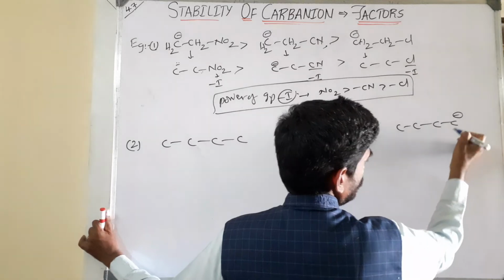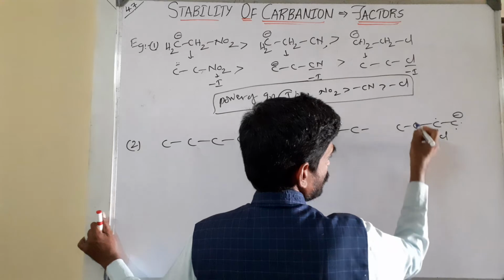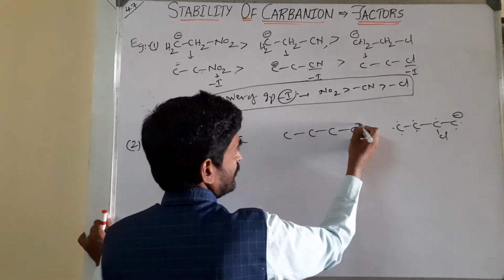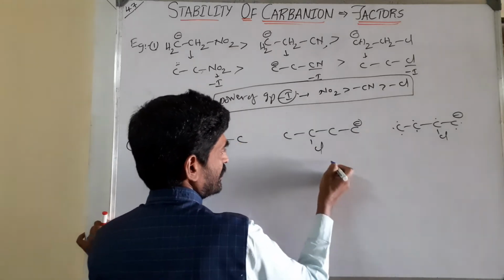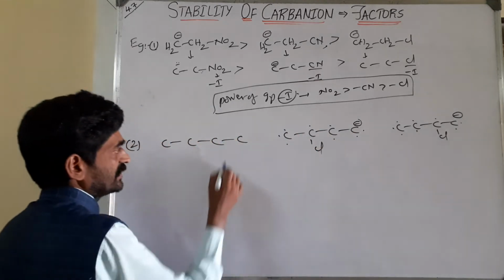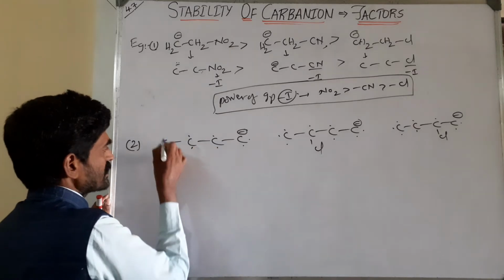It is CH2 minus, here CHCl, here 2 hydrogens, here 1 hydrogen, here 2 hydrogens, and here 3 hydrogens. Here it is a negative charge and chlorine is here, with 2 hydrogens, 2 hydrogens, 1 hydrogen, 3 hydrogens. So this is a negative charge, here 2 hydrogens, here 2, and here chlorine with 2 hydrogens.